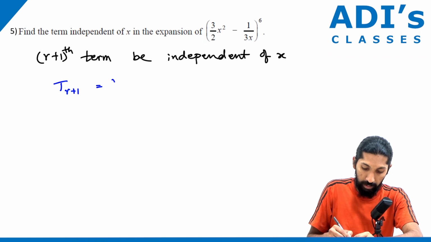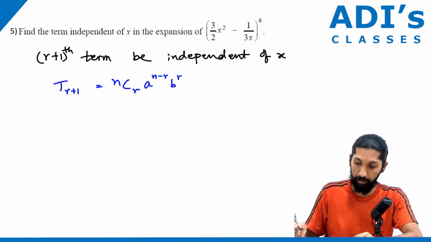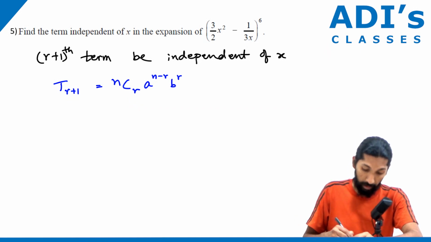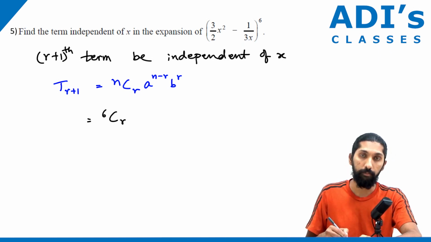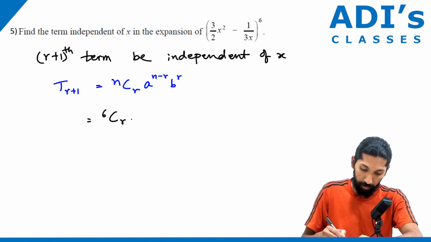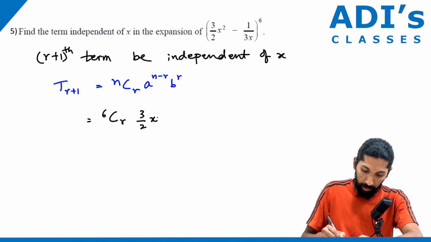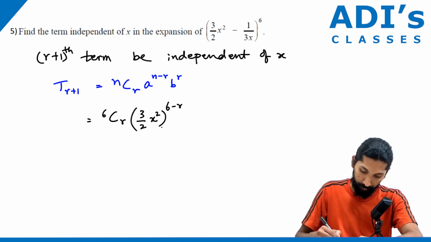Tr plus 1 is nCr, in this case a to the power of n minus r, b to the power of r, correct? So in this case, we have 6Cr. We don't know what r is; we are trying to figure out the value of r. 6Cr into 3 by 2 into x square to the power of 6 minus r, correct?